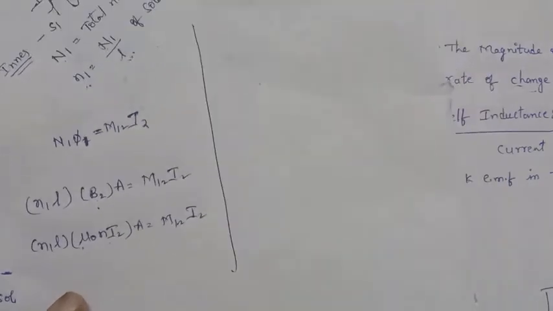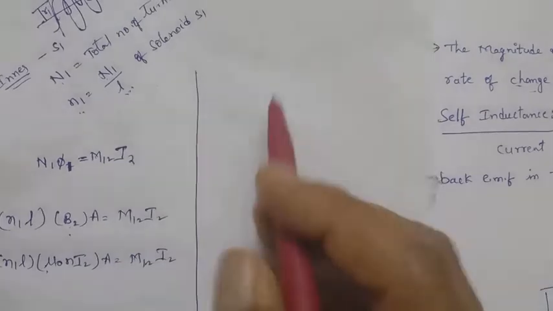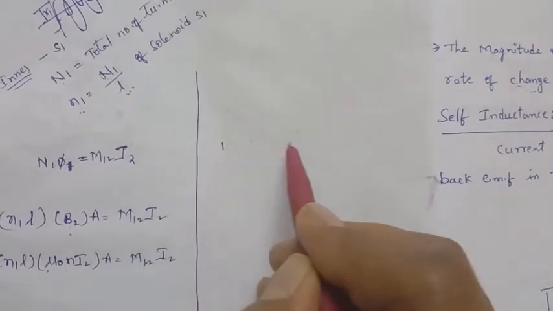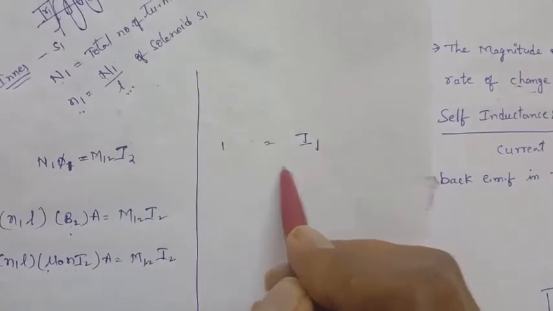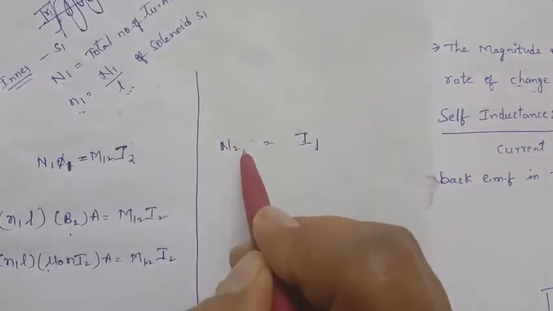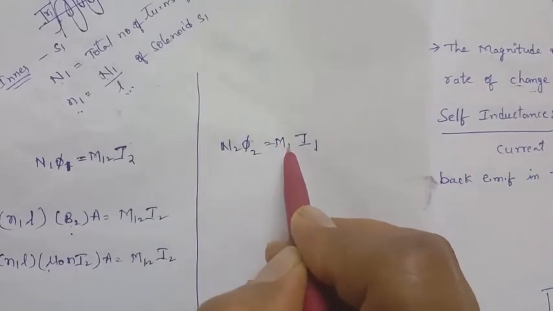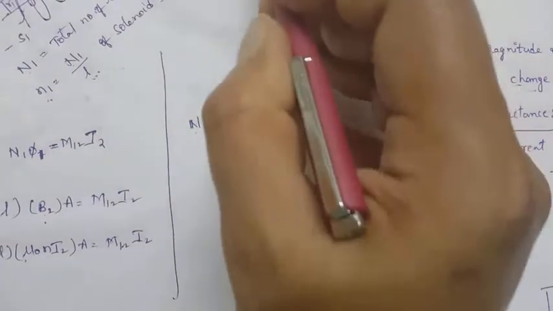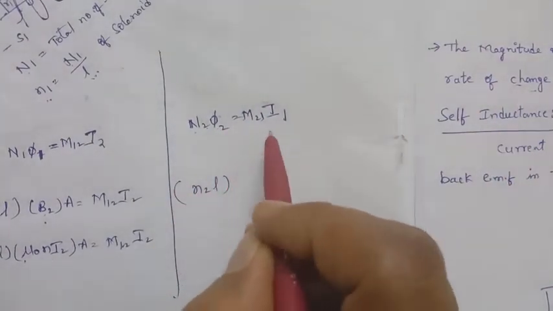Similarly, if current I1 is passing through the inner solenoid, the mutual inductance is M21. At that time, the current I1 is linked with the outer solenoid, which has N2 turns. The flux is phi2, and the coefficient is M21, and N2 is equal to n2 L and again phi2.